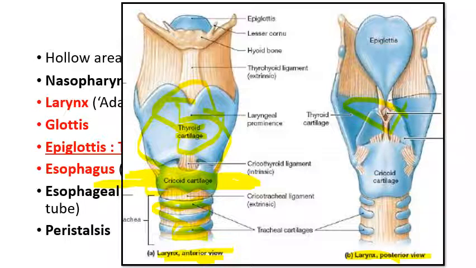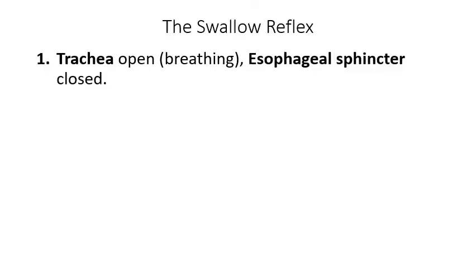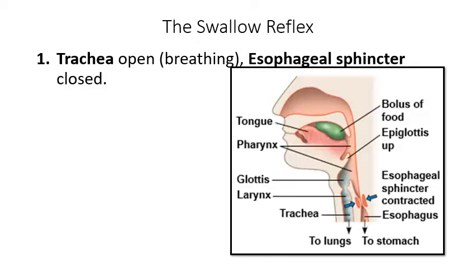All right, if we have a posterior view of the larynx, notice that here we have vocal cords, and here we have the epiglottis, whose job it is to stand open when we're breathing and then slam shut when we're swallowing food. That's called the swallow reflex. Okay, if we're about to swallow a bolus of food, the epiglottis is open.